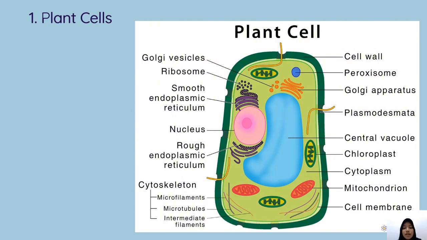And then the 11, there is nucleus. The function is storing the genetic material of the cell, and then controlling cell growth and reproduction, and then being the controlling and coordinating center of the cell, and then transmitting genetic information to the next generation.